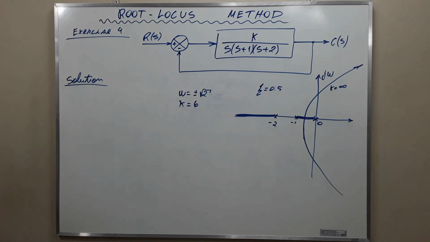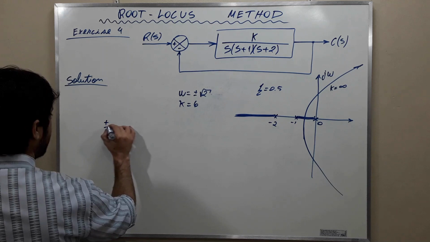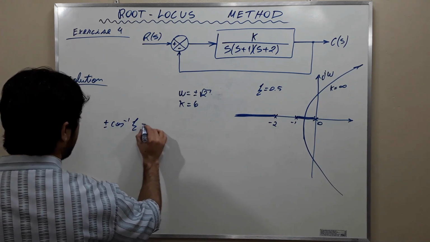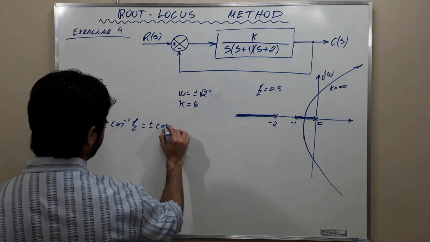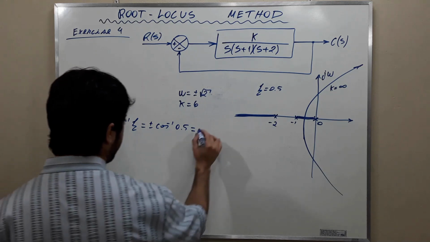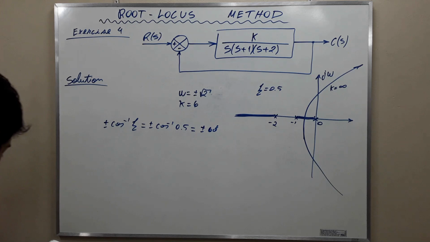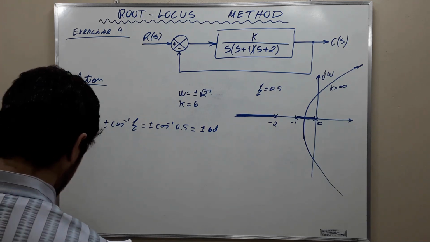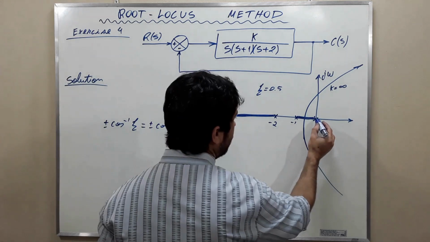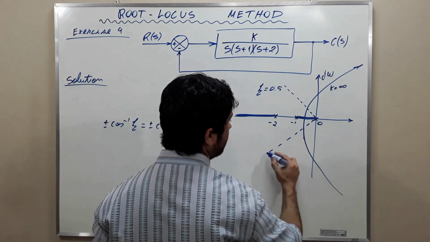Observe that plus or minus the inverse cosine of zeta will be equal to plus or minus the inverse cosine of 0.5, which is equal to plus or minus 60 degrees. Okay? And they make 60 degrees with the negative real axis, like this. 60 degrees here, 60 degrees here.